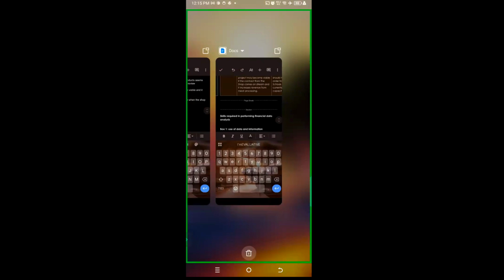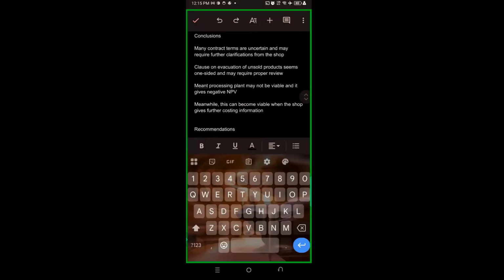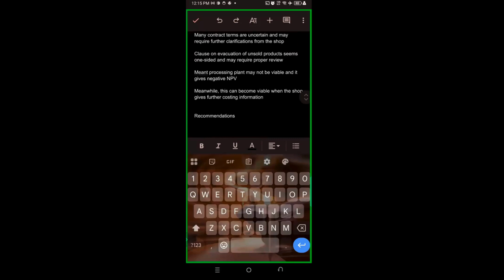So based on this, we said many contract terms are uncertain and may require further clarification.